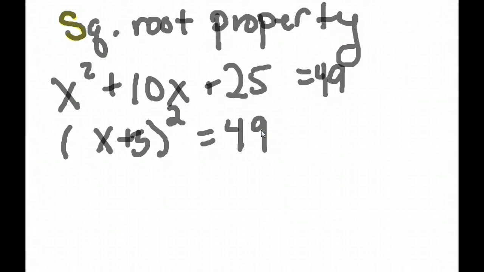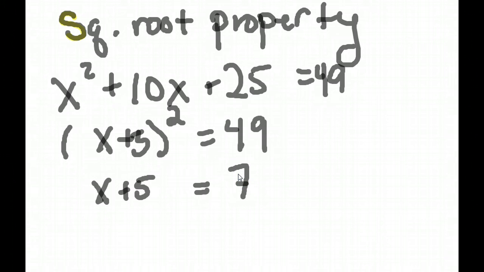What happens if you take the square root of each side? Is that possible? So what happens if we take the square root of x plus 5 squared? What do we get? x plus 5. What happens if we take the square root of 49? 7. Because remember, what you do to one side, you have to do to the other.